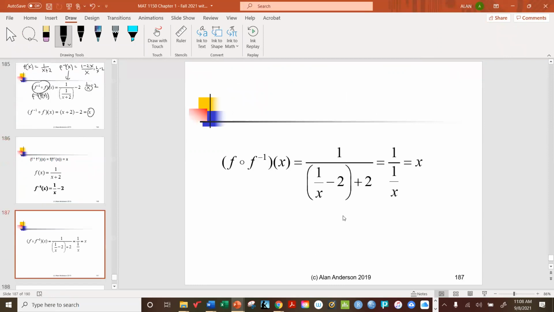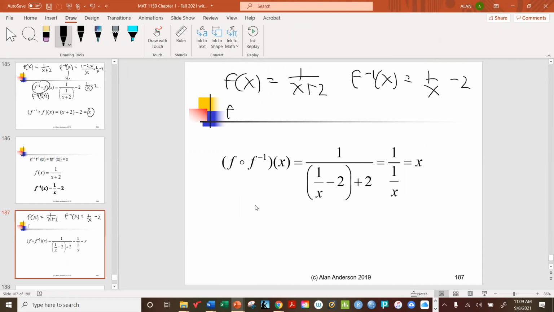Now we have to prove the same thing for f of f inverse. So remember, f of x was 1 over x plus 2. So now I'm going to take f of f inverse, which would be 1 over f inverse plus 2.